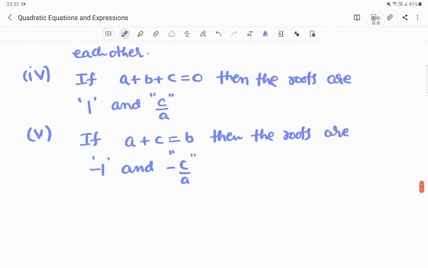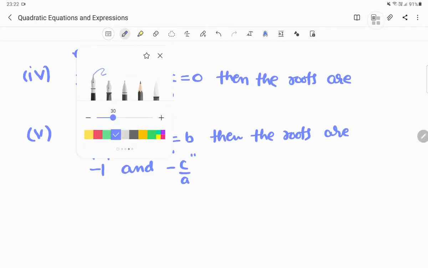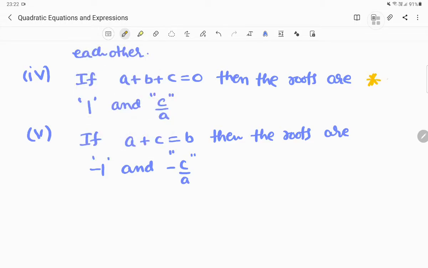We will discuss problems based on this one and this one also. Whatever I am putting some star marks, we will do that.